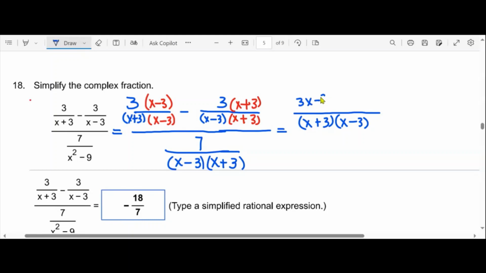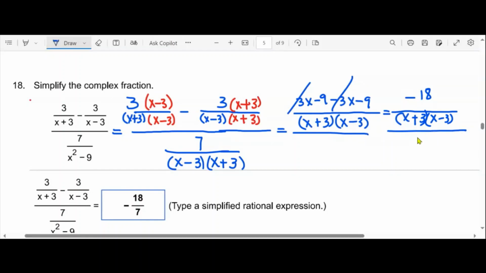So 3x minus 9 minus 3x minus 9. So they give you what? I think minus 18. X plus 3 and x minus 3. I don't think it can change, so it will be the same. Over 7 over what? X minus 3, x plus 3.